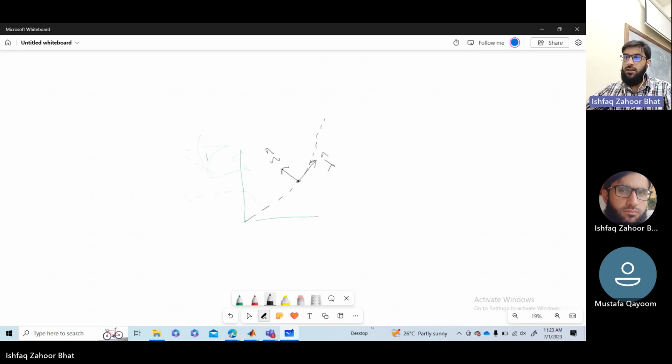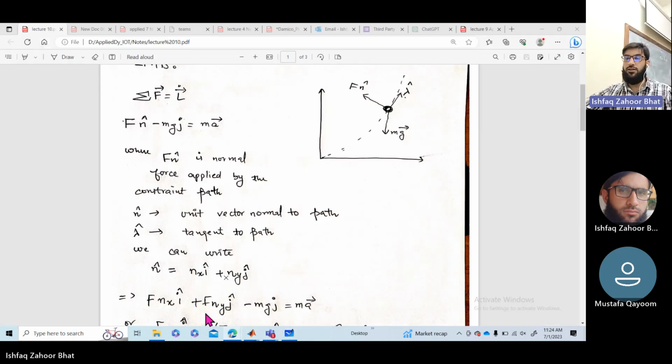These are both unit vectors. Now see this vector. This is normal. I can drag this vector and put it here. Now this unit vector has two components. One is nx, that is along the x-axis, and one is along the y-axis. So I am calling these nx and ny the x and y components of this unit vector. So I can write this unit vector n as nx i plus ny j. These are the two components of the normal unit vector.